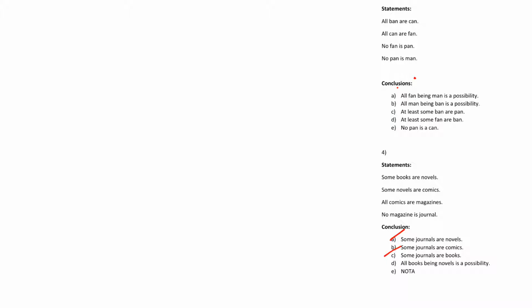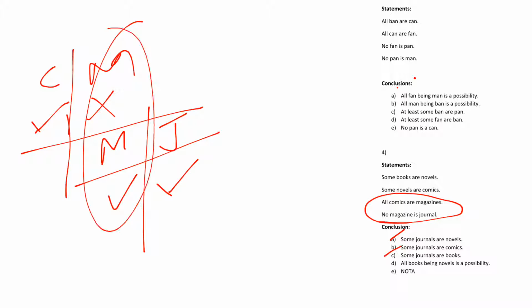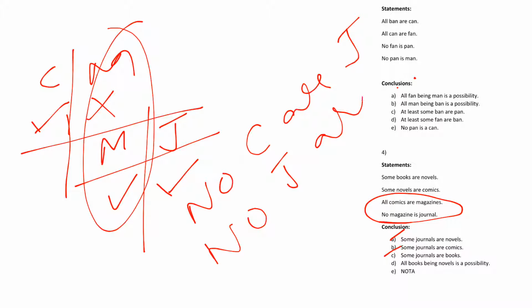Let's start. Now, some journals are comics. These two: comics, magazines, all comics are magazines, and then no magazine is journal. So we can say tick tick, and obviously no is there in the statement, so we have to have no in the conclusion. So we are getting two ticks: no C R J, or no J R C. See, this will help us with the option A thing which I was saying.